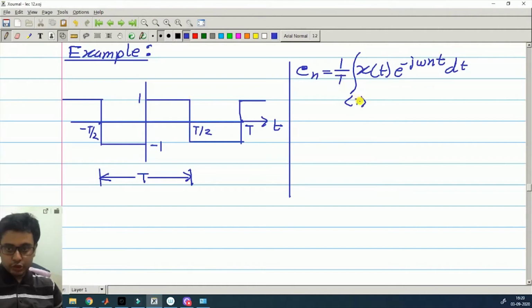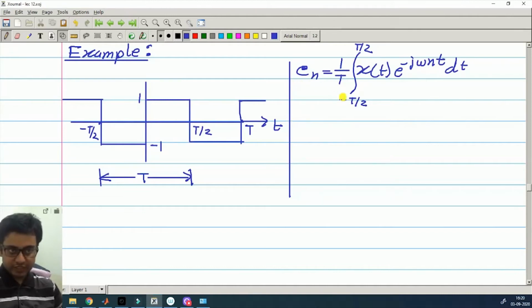You can choose a complete cycle starting from any point you like. For simplicity, let me take it from minus T by 2 to plus T by 2.